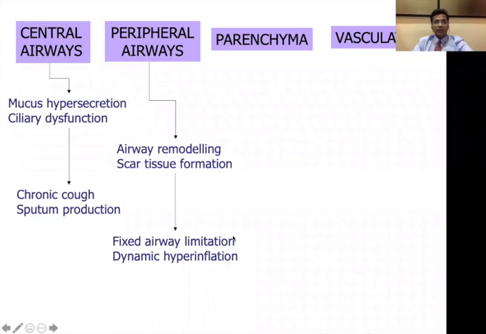Unlike in asthma, where it remains reversible because the main problem is smooth muscle contraction, mucous secretions and mucosal edema, here there's fibrosis because of the airway remodeling and fixed airway limitation. When the airways are blocked or narrowed, there's air trapping inside the lung, and there's dynamic hyperinflation.